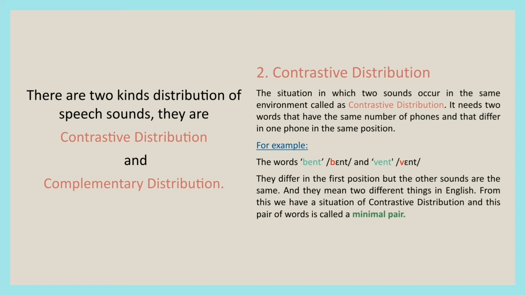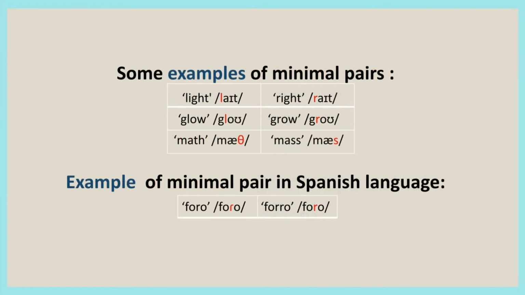A minimal pair is a pair of words that differs only in one sound, one phoneme, in the same position. The words of a minimal pair have a different meaning. Some examples of minimal pairs in English we can see in the words light and right.